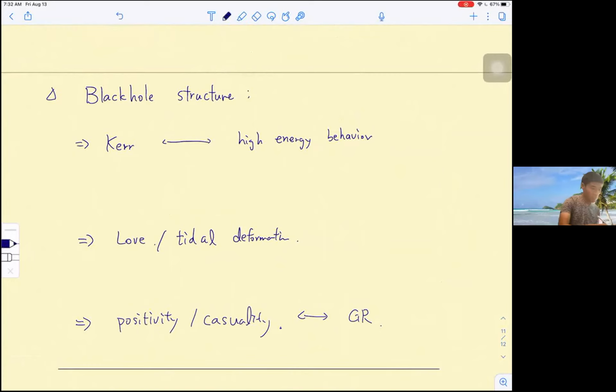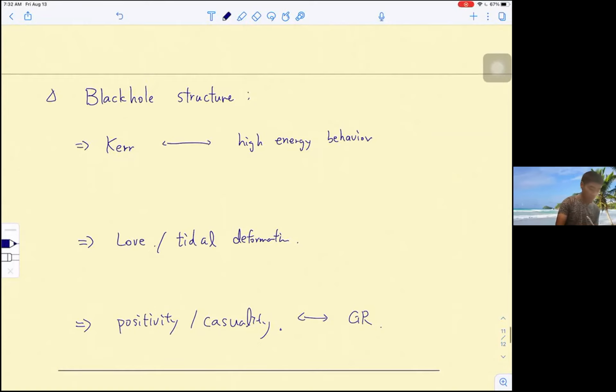So tidal deformation. Yeah, from the EFT point of view, you can describe this tidal deformation by just adding operators. So in the second quantization language, this will be the operator corresponding to phi squared, R squared type of operators.